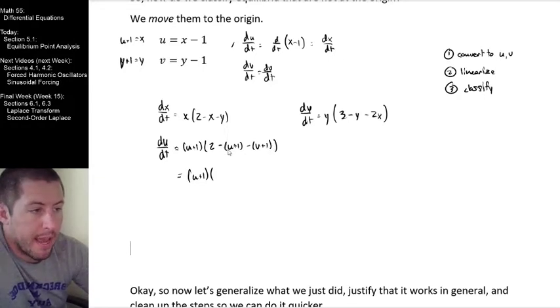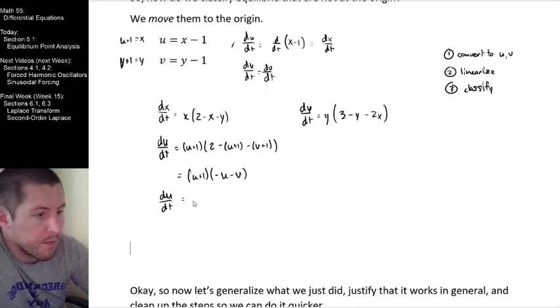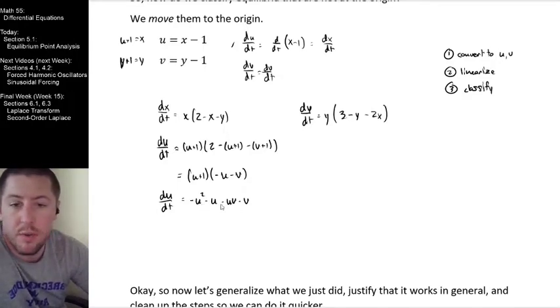Here I'm getting a negative u and a negative v. So du/dt equals, expanding this, negative u squared, negative u, negative uv, and negative v. So there's one of my differential equations: du/dt equals that.